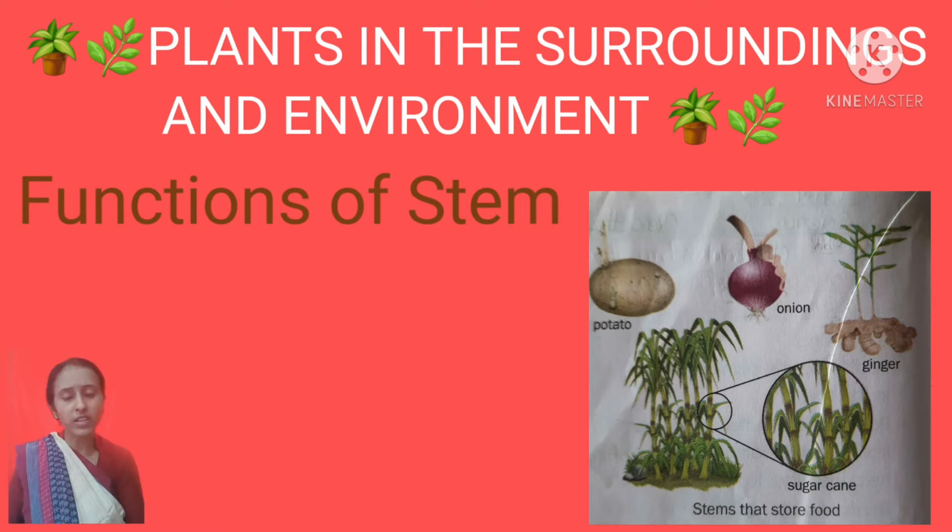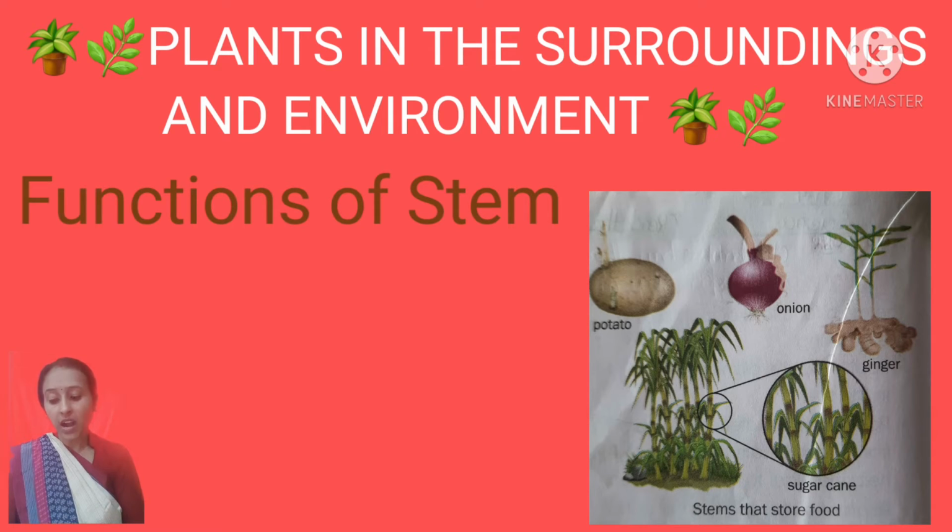So both works are done only by the stem, picking the water and minerals from the roots and carrying them to the leaves, as well as spreading the food prepared by the leaves throughout the entire plant. It is also done by our stem.